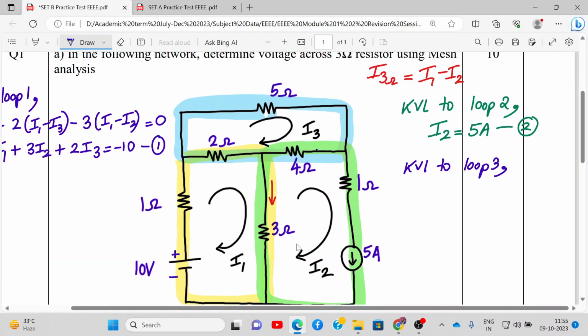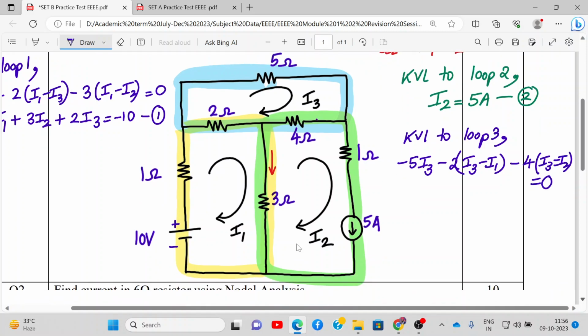Alright. So this 4 ohm resistance is set between loop 2 and 3. This 2 ohm resistance is set between loop 1 and 3. So let me write down the equation. We'll write over here minus 5 I3 minus 2 I3 minus I1, and here we'll have minus 4 I3 minus I2, and that is equal to 0.